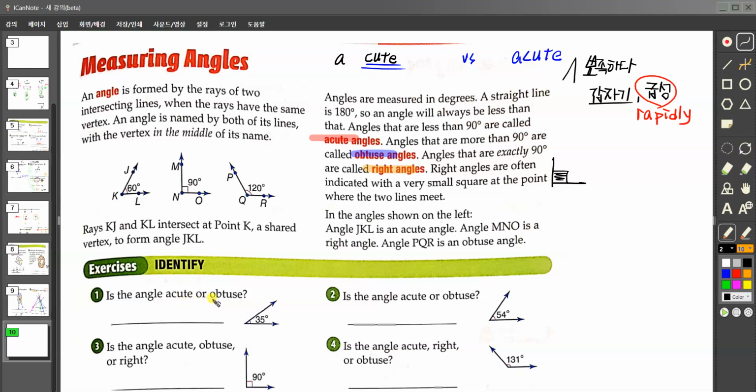Is the angle acute or obtuse? 35 is acute, less than 90. That is acute. 90, of course, right angle. Is the angle acute or obtuse? Acute. Obtuse. This one, obtuse.